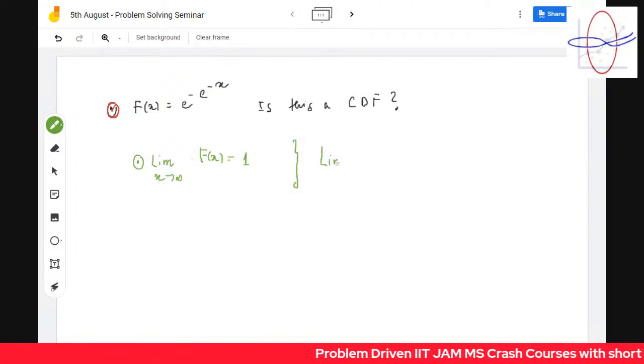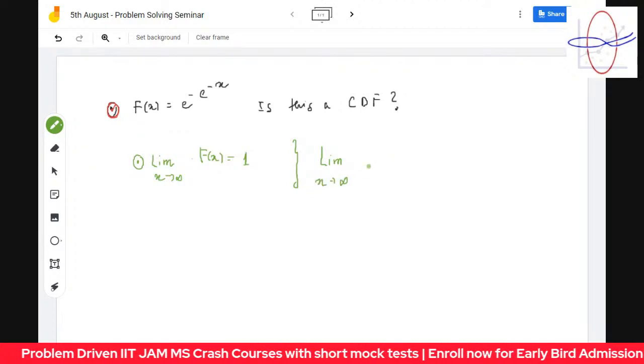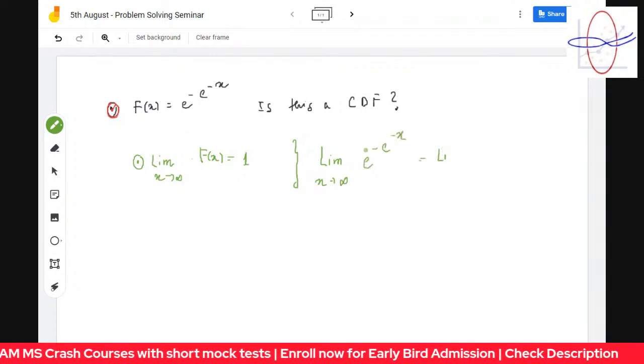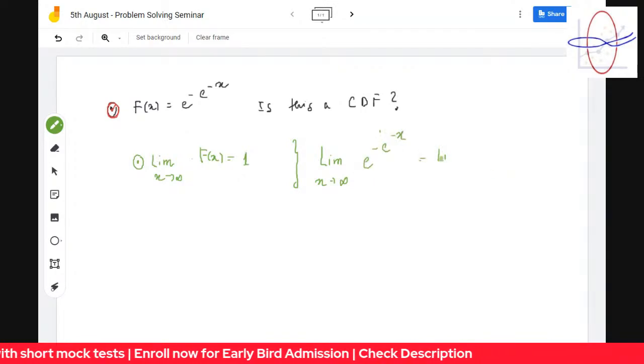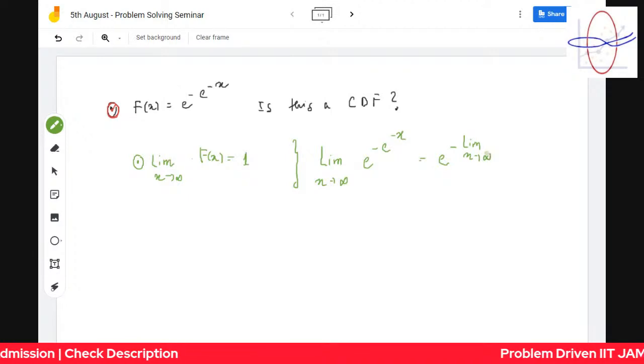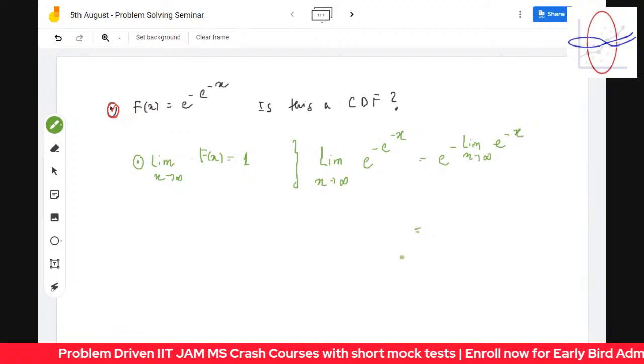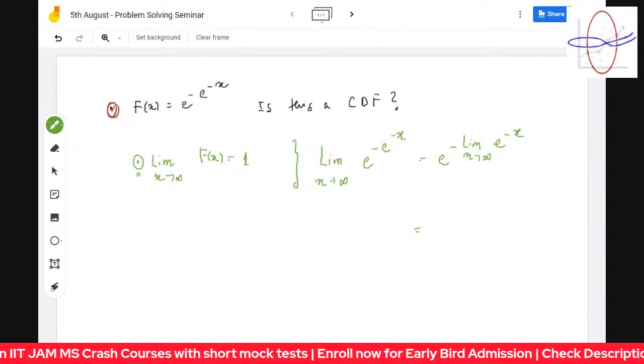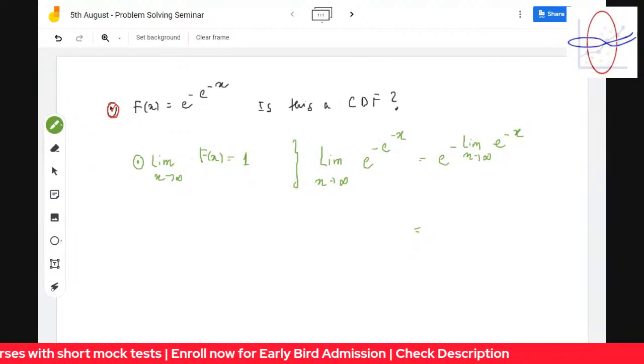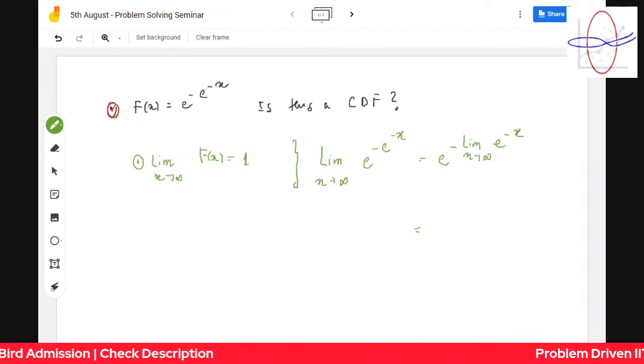It's a limit problem of calculus. The limit of e^(-e^(-x)) equals, since e^x is continuous, e to the power minus the limit as x tends to infinity of e^(-x). What is the limit as x tends to infinity of e^(-x)? It is 0.